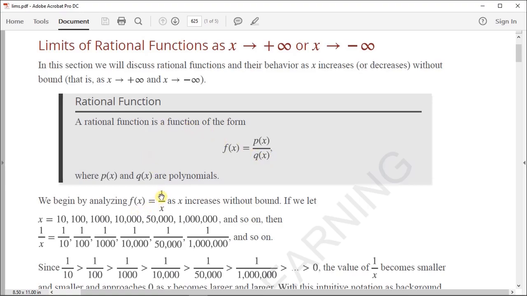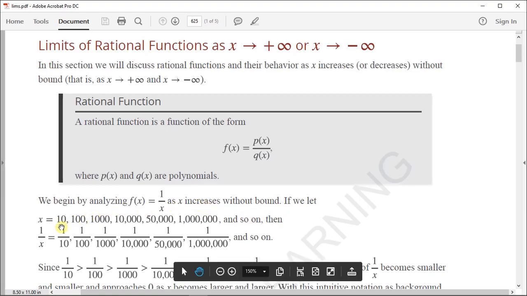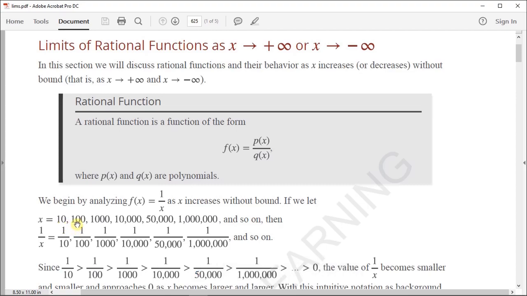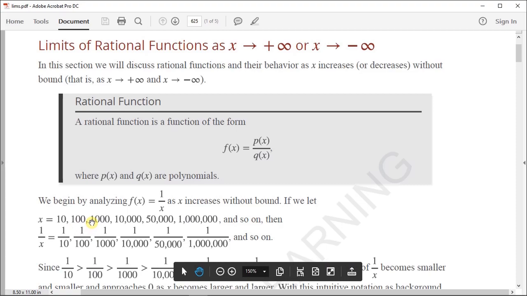So we're going to start off with just a simple function 1 over x. As x increases without bound. What are they talking about when they say that? That means they're going to start off with x being relatively small, say 10. Then they're going to make it bigger, say 100, and bigger, 1,000, and bigger, 10,000, and bigger, 50,000, and bigger, 1,000,000, and so on forever.